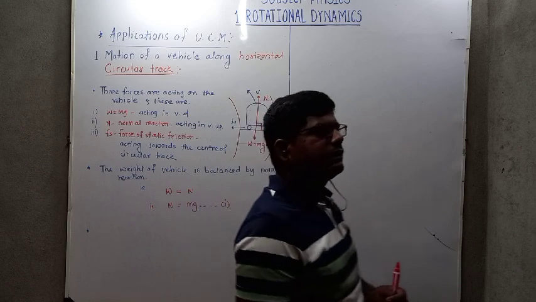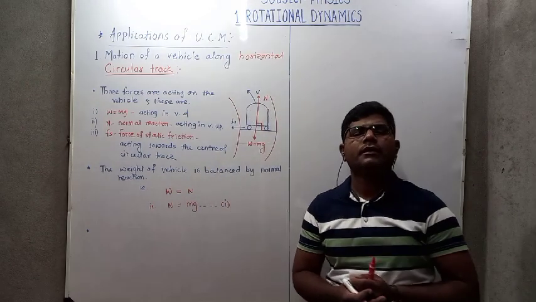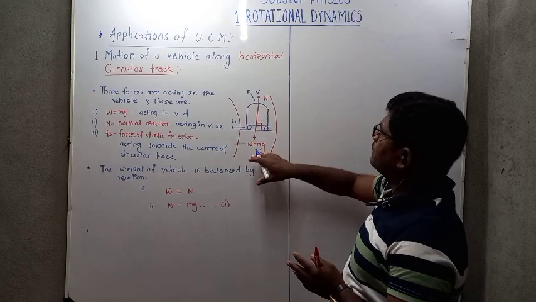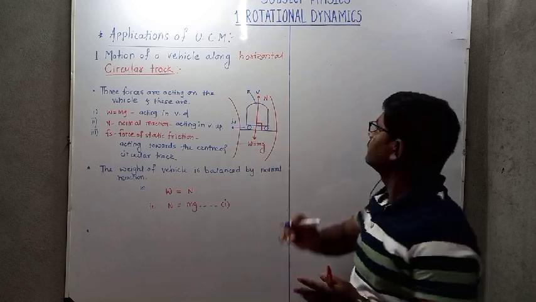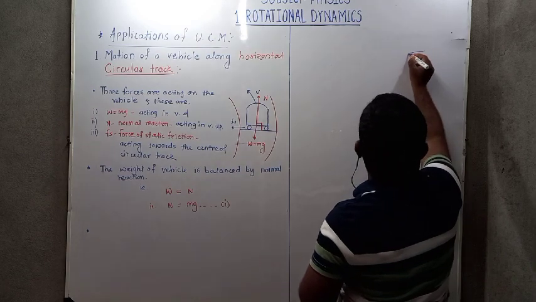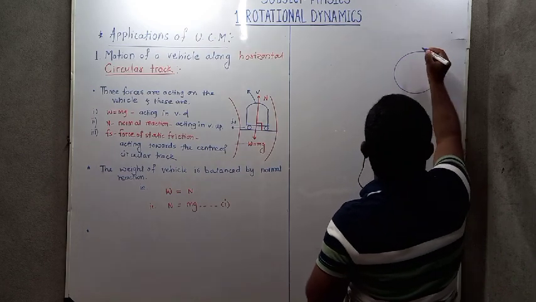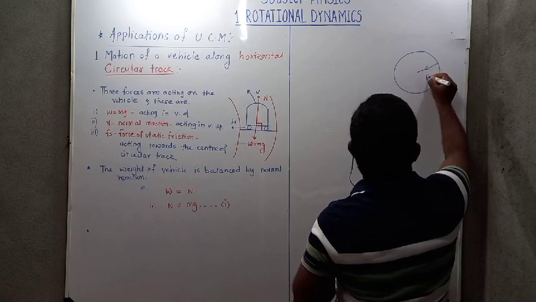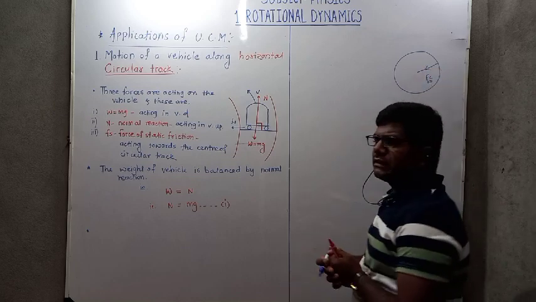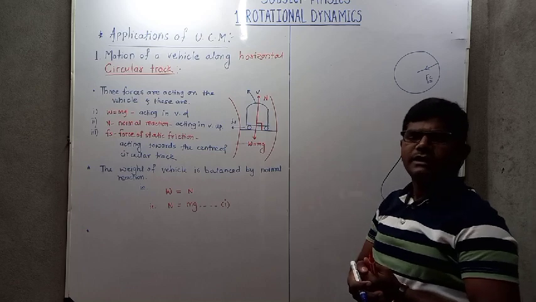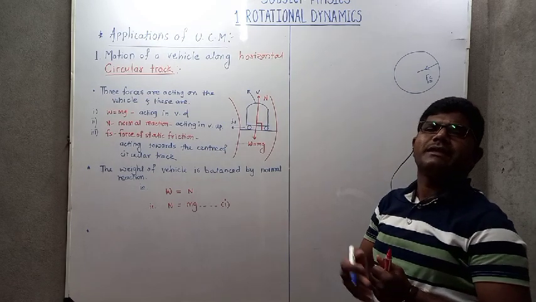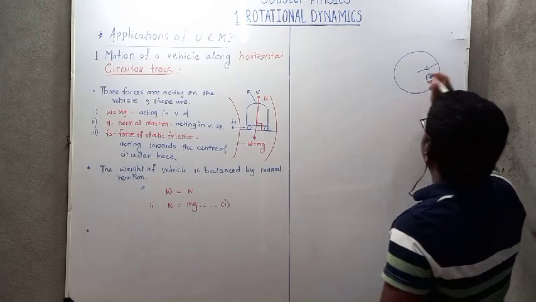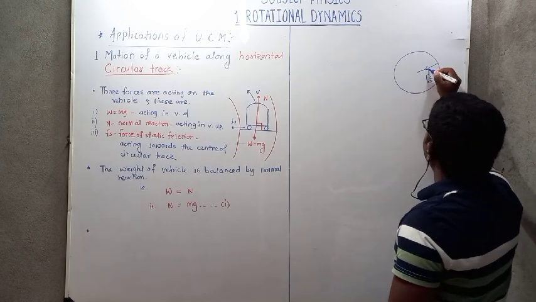Next one. In the previous lecture, we already studied that for maintaining every circular motion, centripetal force is necessary. This centripetal force acts along the radius and is directed towards the center of the circle.